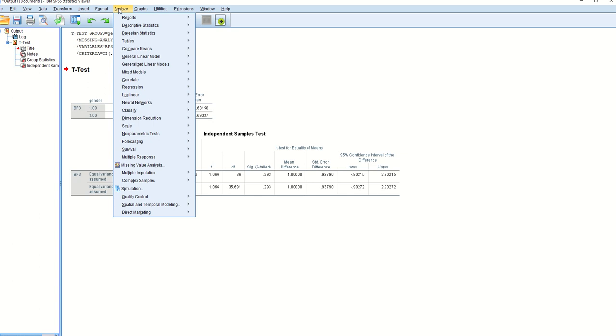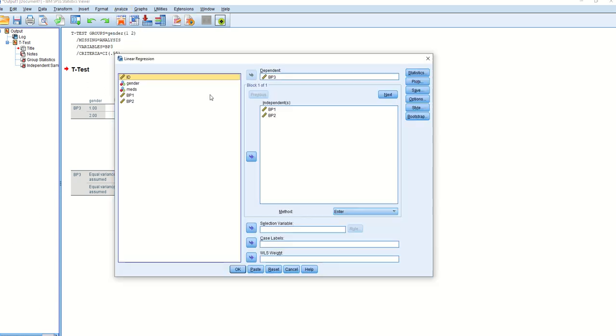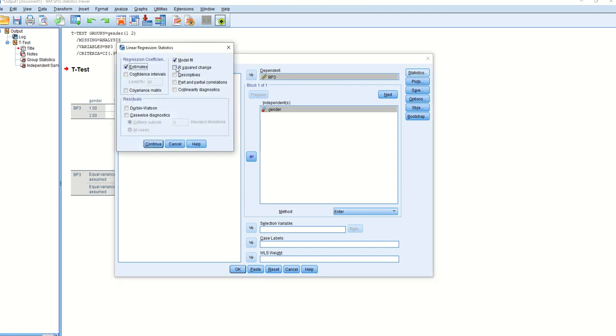All right, so let's now run it as a linear regression. So I'll do a reset, put beta 3 as your dependent variable and gender as your independent variable. Let's see, statistics, R-square change, no, I think I'm fine with this. Okay.